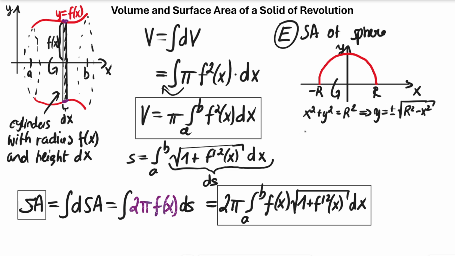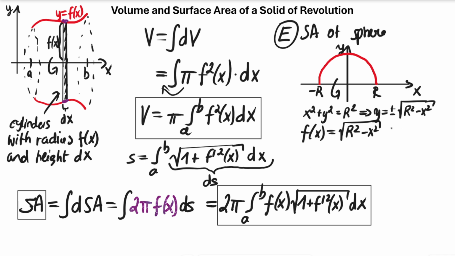So as the upper semicircle is sufficient, we define our function f we want to rotate as the positive part of these two square roots. For the formula below, what we as well need is the first derivative.